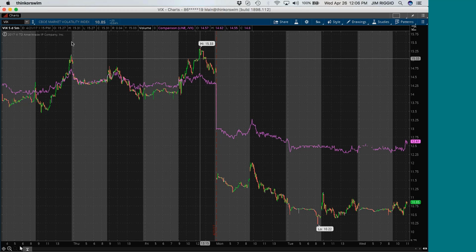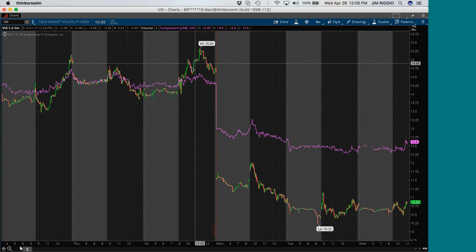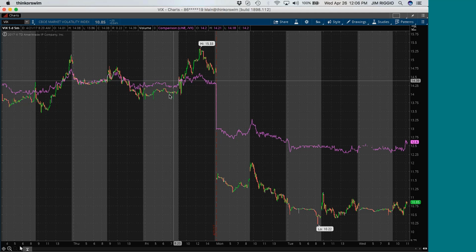So if you take a look at the VIX right here in the bar chart or the candles, you can see what ends up happening as we were going into Friday. Now, Friday not only was expiration, but it was also the weekend before the French elections. And you can see how much more the VIX dropped than the VIX futures.